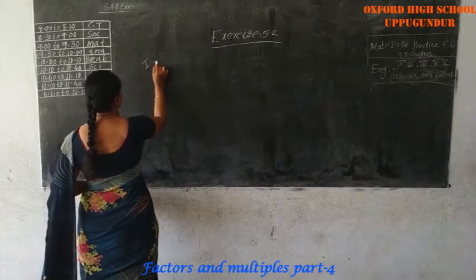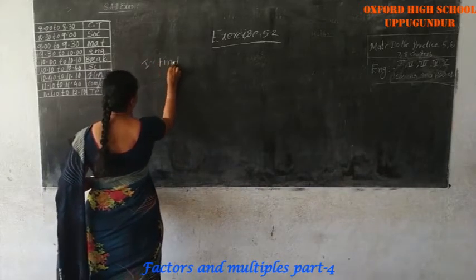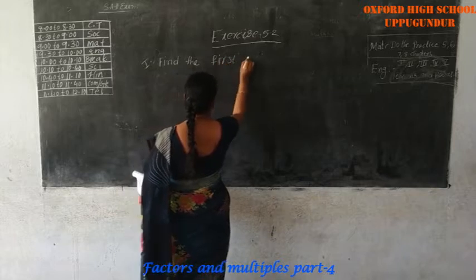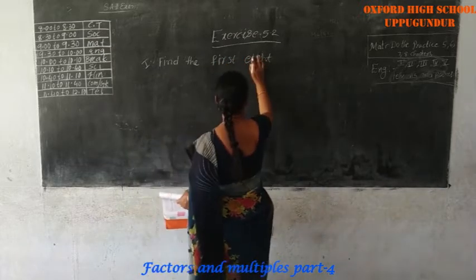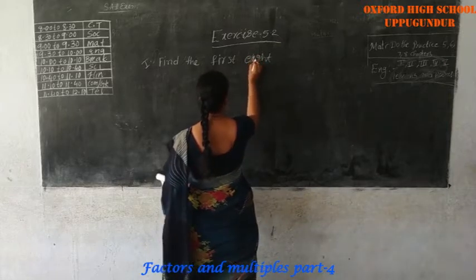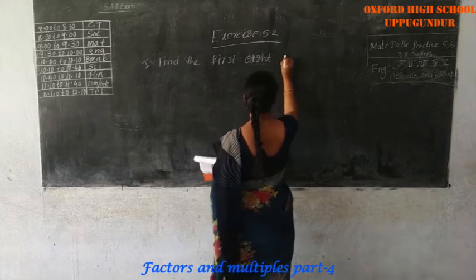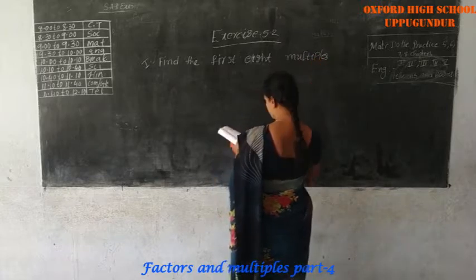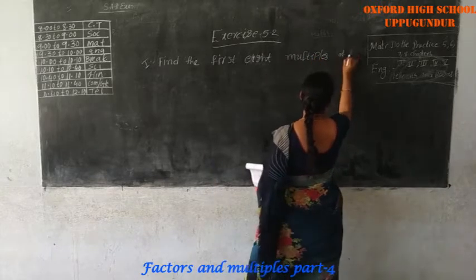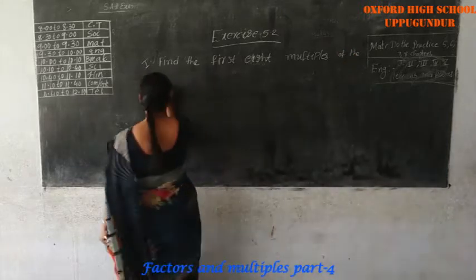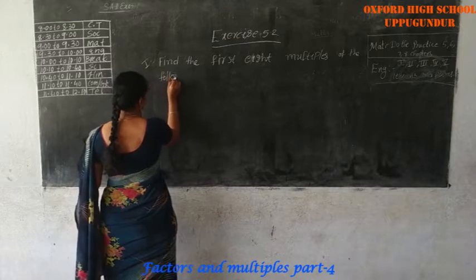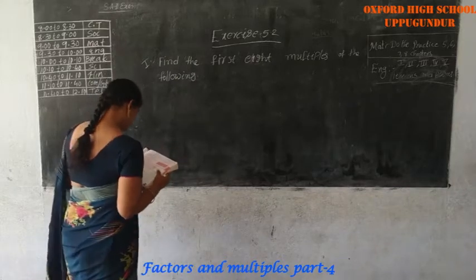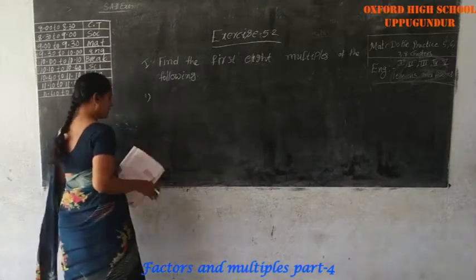First one, find the first 8 multiples of the following. See, first one, 8 multiples.